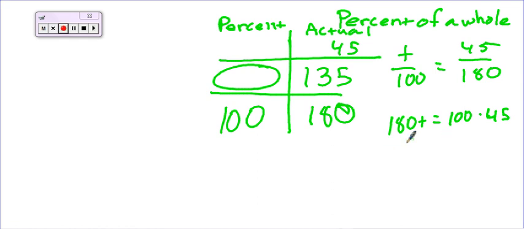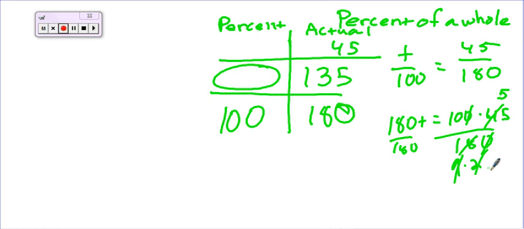We're going to divide by 180 on both sides. If I divide by 10, I get that. If I divide by 18, what's 18? 9 times 2, right? 9 goes into 45 5 times, right? And then I have left 2 and 10. 2 goes into 10 5 times.